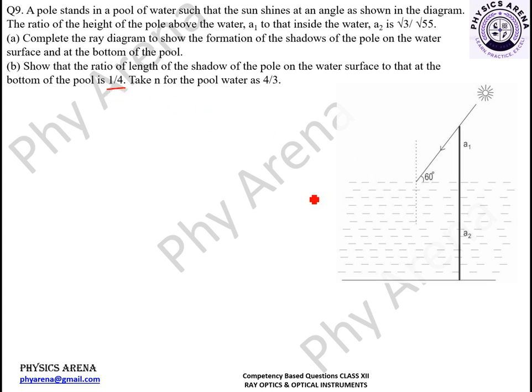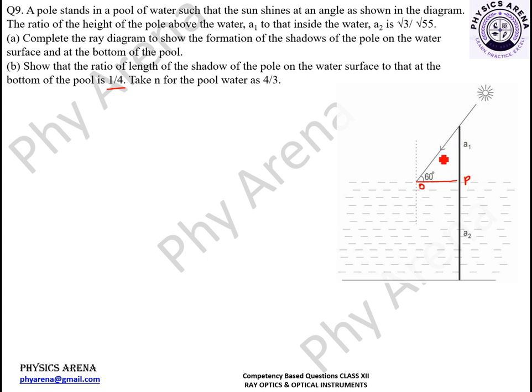So let's try to complete the diagram first. So here will be the diagram. See, this is the shadow length above the water surface. Let me call this shadow OP.